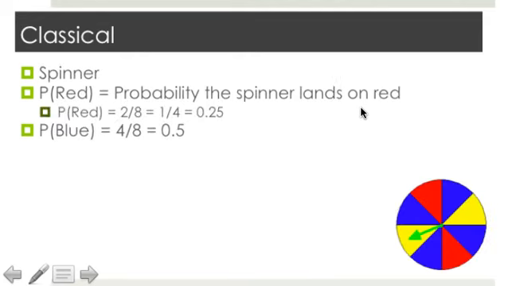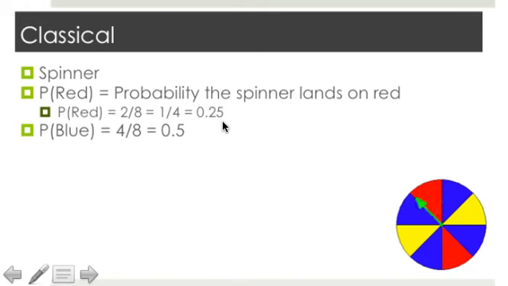And then finally we have another example of a spinner with various colored slices. We could say the probability of spinning this and it coming up red is equal to, if we look at this spinner here, there's a total of 8 slices and 2 of them are red. So the probability is 2 out of 8, or 1/4, which is equal to 0.25.